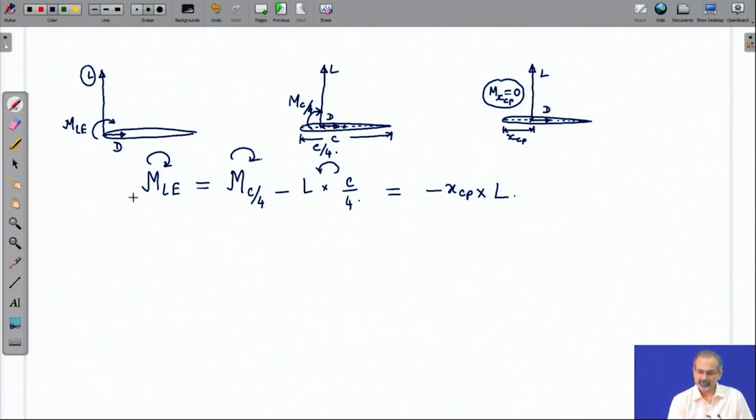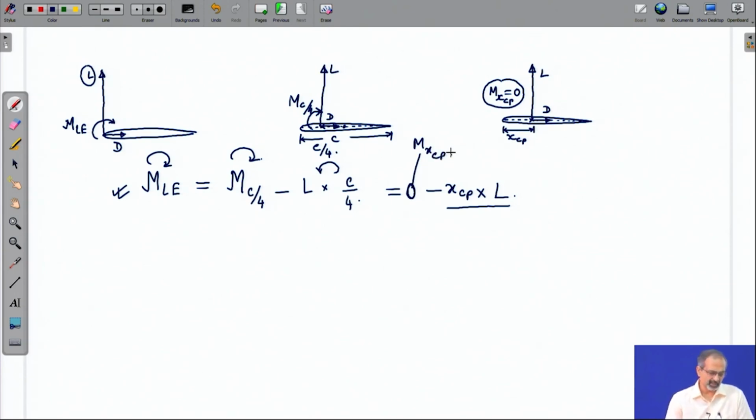So, you have the moment at the leading edge expressed as minus x Cp into L, because you have a 0 coming from the moment at x Cp.